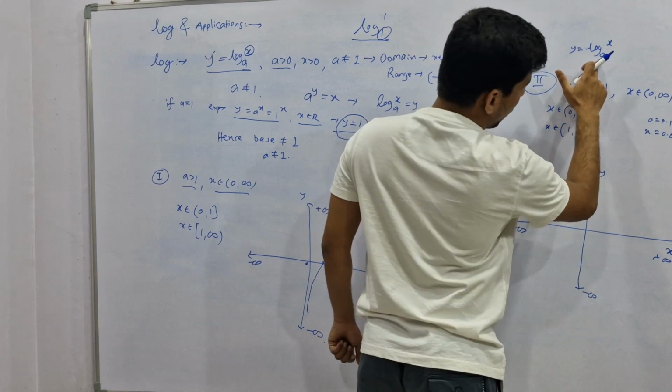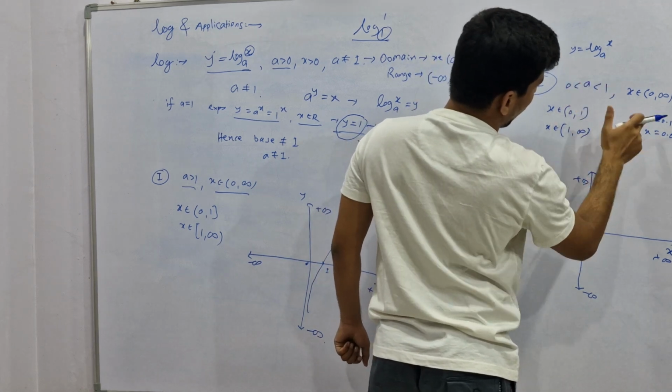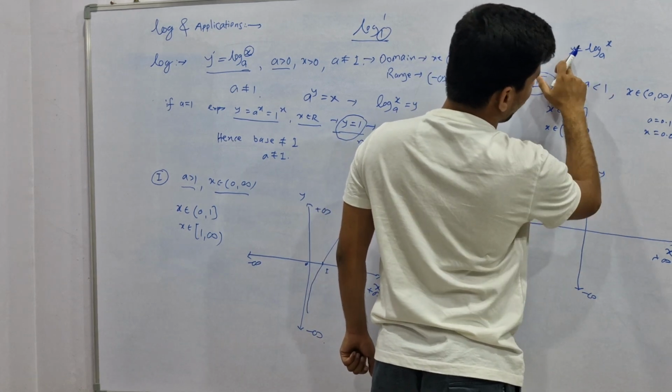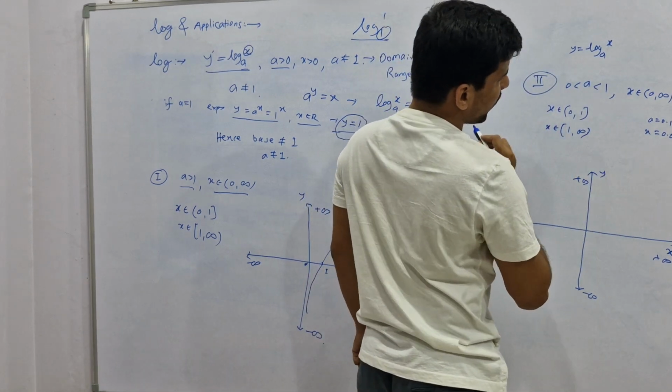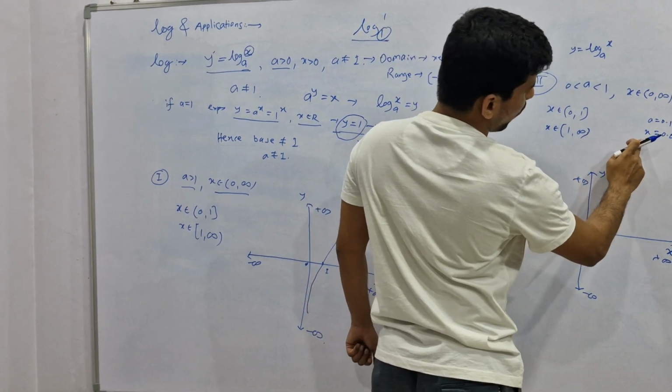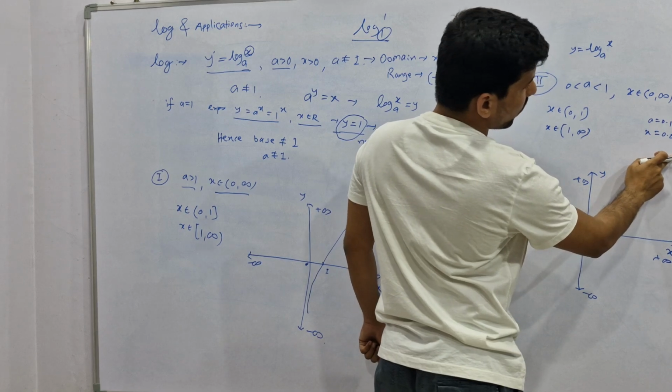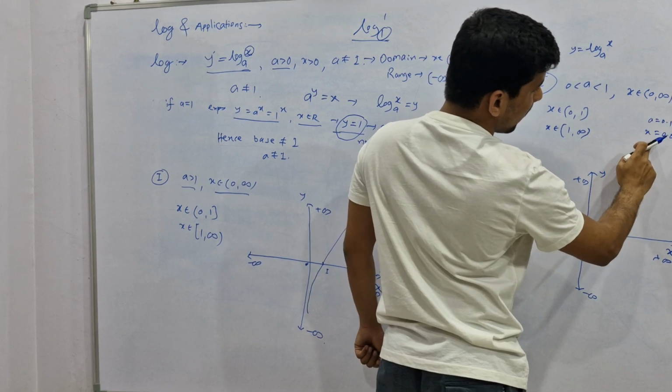For a is 0.1 and x is 0.001, what will be the value of y? The value of y will be positive infinity, because x is tending to 0. So 0.1 to the power infinity will tend to 0.